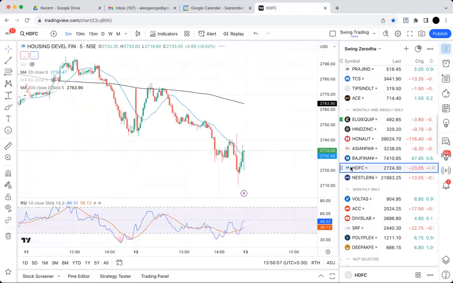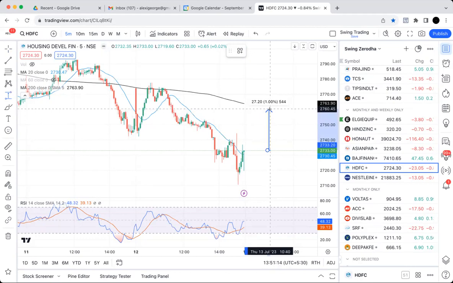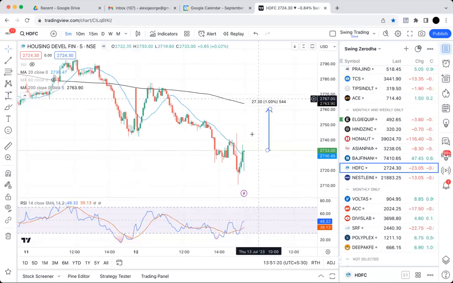All right. HDFC. What about this? Will it make it up? Will it give me a 1% range? Not quite, right? Not quite. Unless by the time this comes up, the 200 begins to face up.